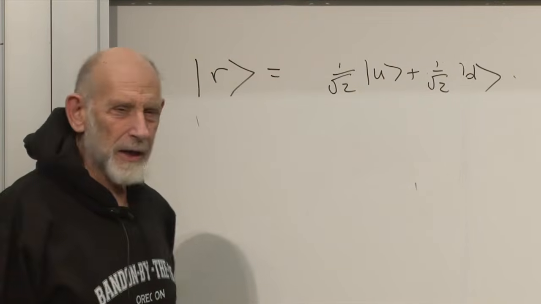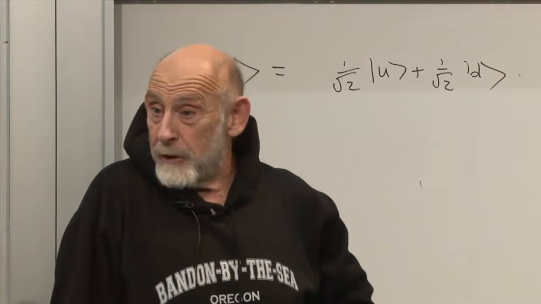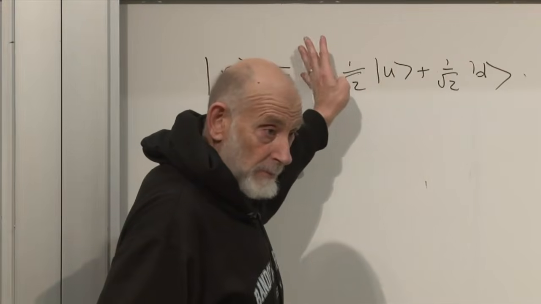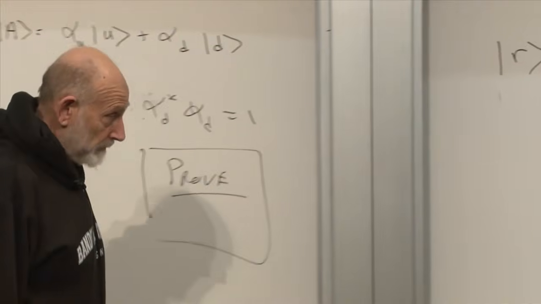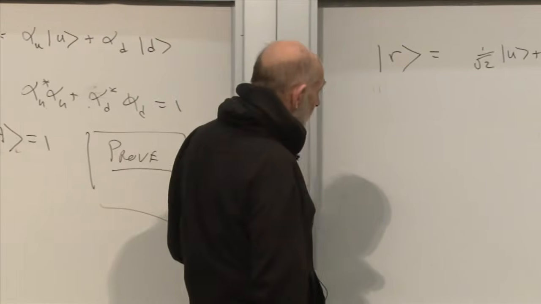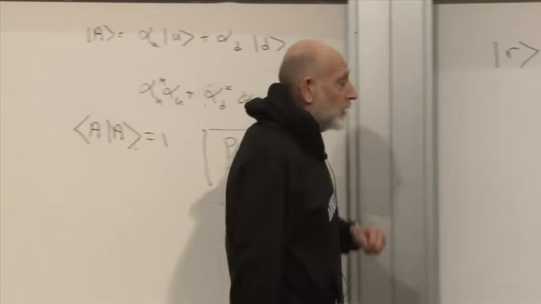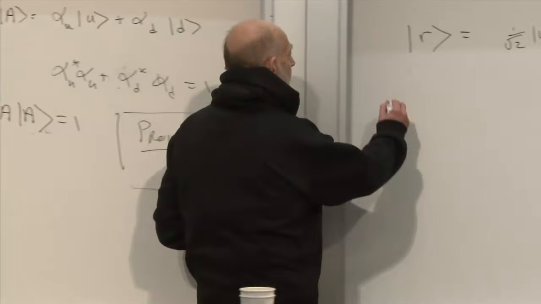What ambiguity is there? We could put a minus sign here, or we could put a complex coefficient in front of here without changing the magnitude of it. We'll come back to what that ambiguity means. But let's take this as a working hypothesis for what the state right is. That leaves us with the state left.